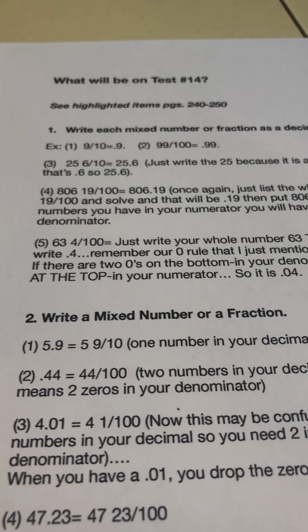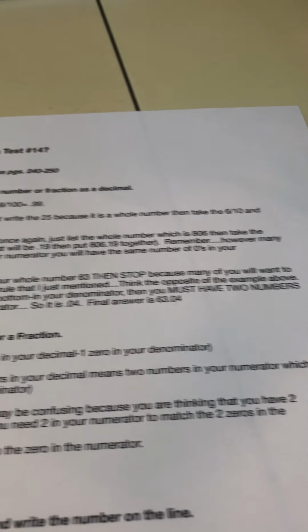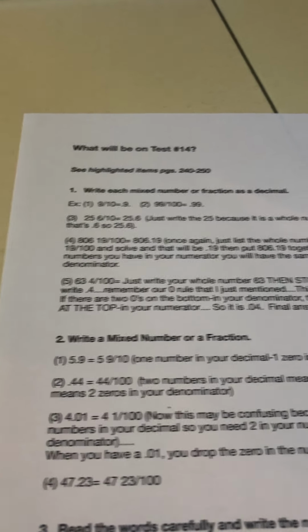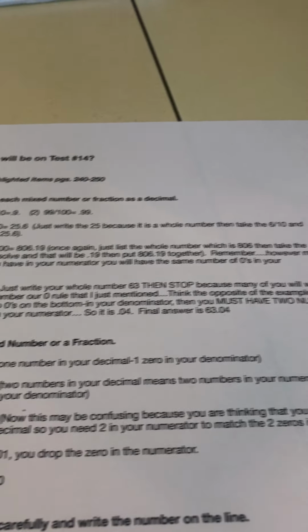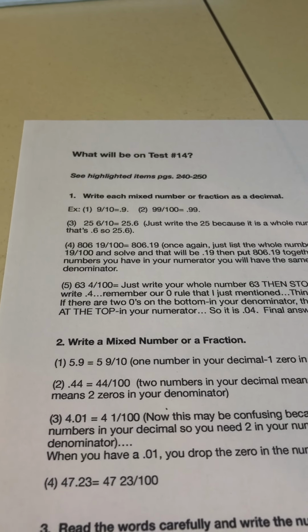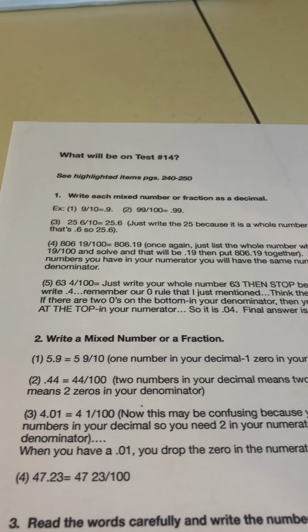4.01, 4 and 1/100. Now this may be confusing because you are thinking that you have 2 numbers in your decimal. So you need 2 in your numerator to match the 2 zeros in the denominator. When you have 0.01, you drop the 0 in the numerator.